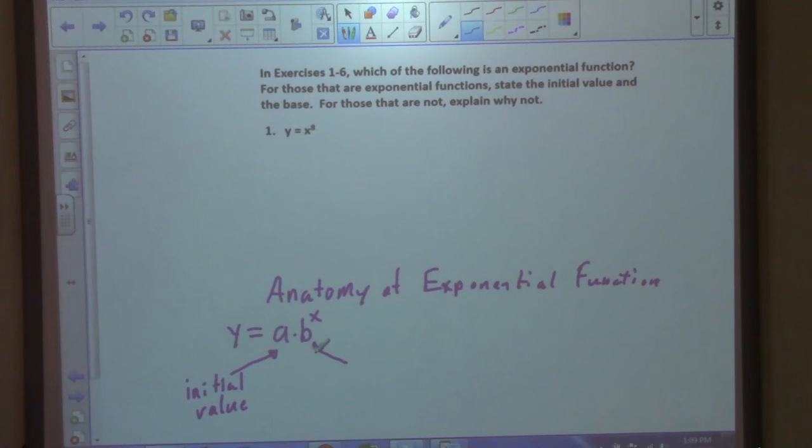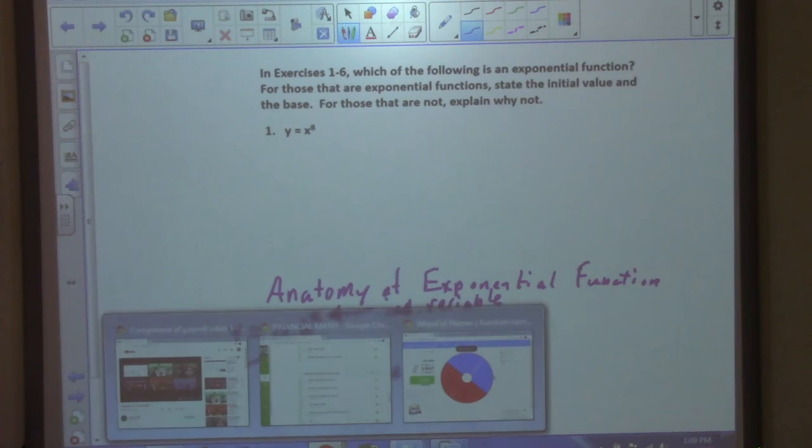And b is going to be your base. And then this x here is going to be your independent variable. So your variable has to be in the place of an exponent to qualify to be an exponential function.